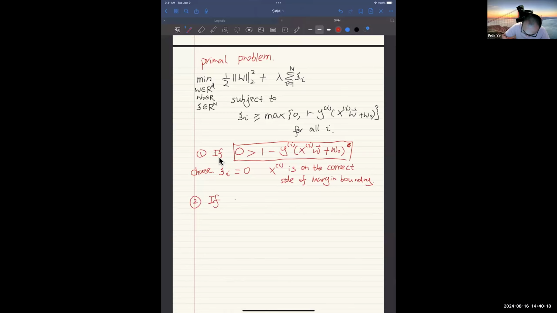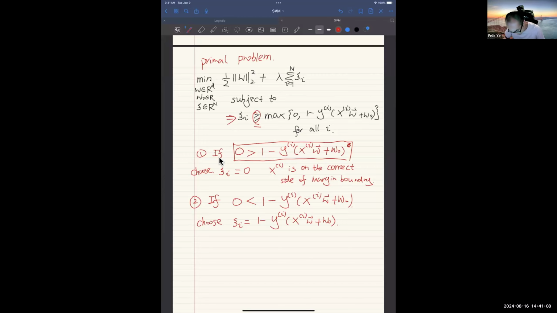If 0 is less than this quantity, then I'm going to choose c_i equal to 1 minus y_i (x_i w plus w0). Because I want to minimize c_i, with the constraint that c_i has to be bigger than the maximum of these quantities, why not simply choose c_i equal to this maximum of the two quantities.